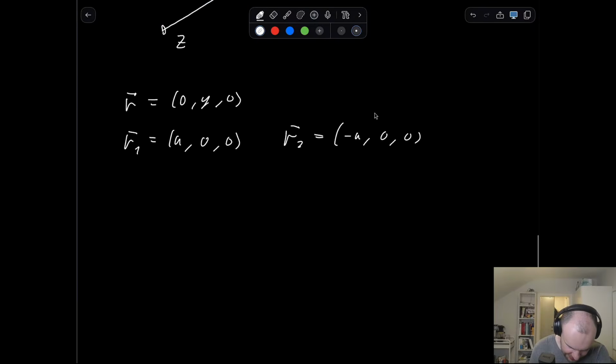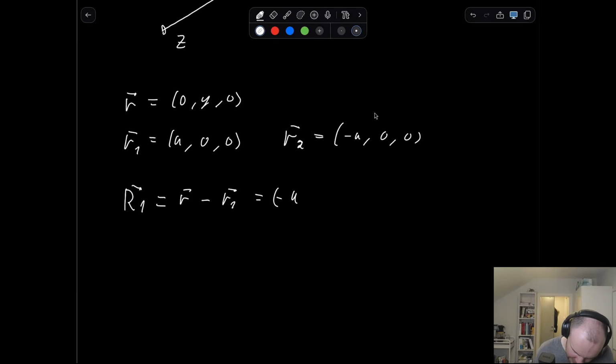That means that the relative vector 1 is just r minus r1. That's of course minus A, Y, and 0. And R2 is then R minus R2.